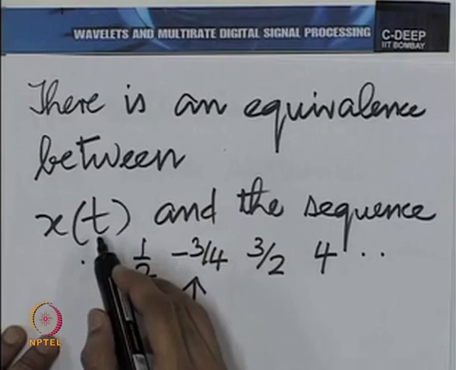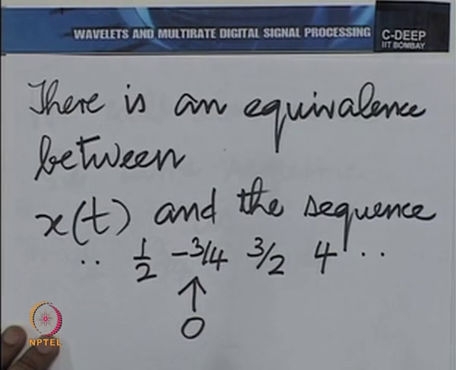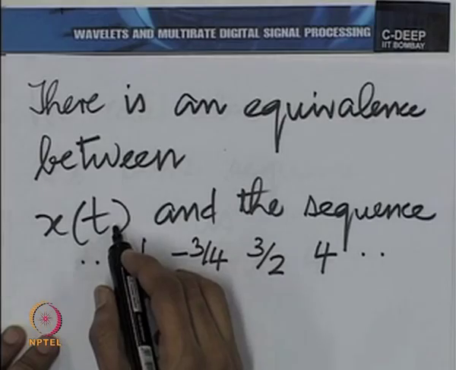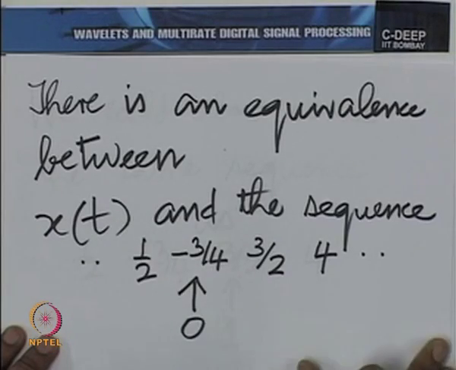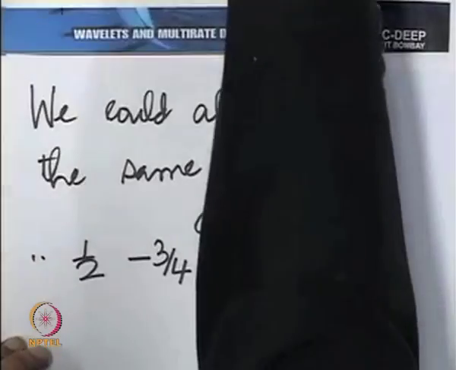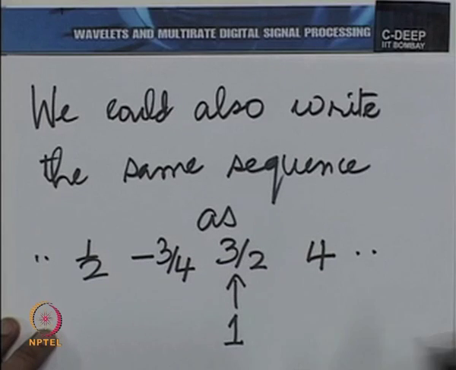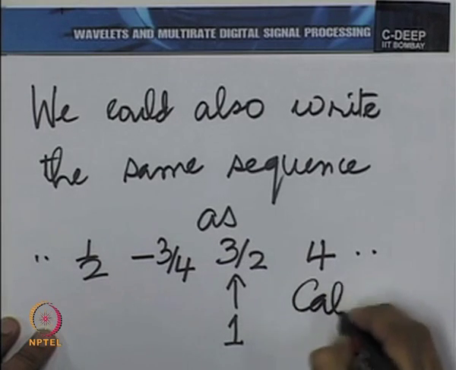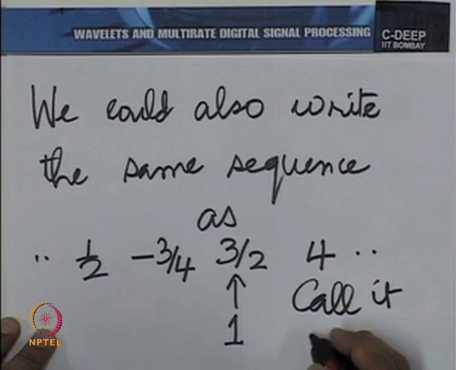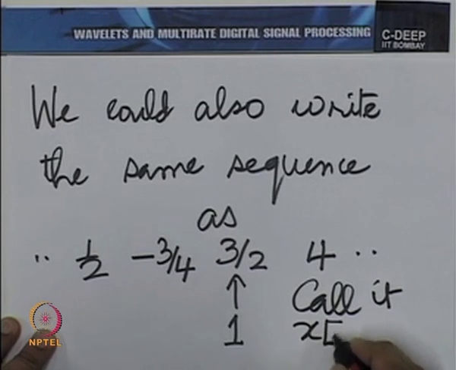Anyway, coming to the point and stressing it once again, there is an equivalence between the function and the sequence. This function belongs to V 0 and the sequence now belongs to what is called the set of square integrable sequences. So, let us call this sequence x of n.